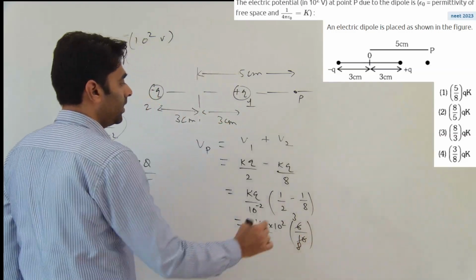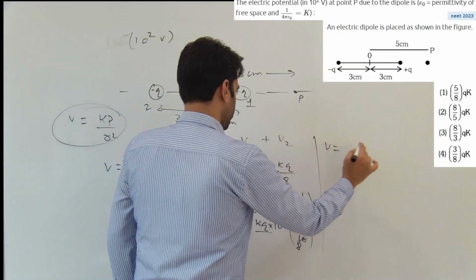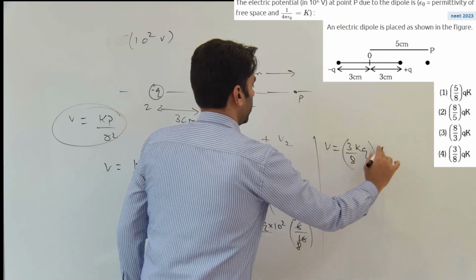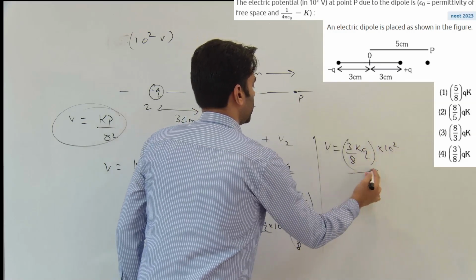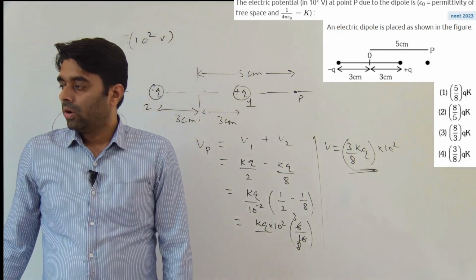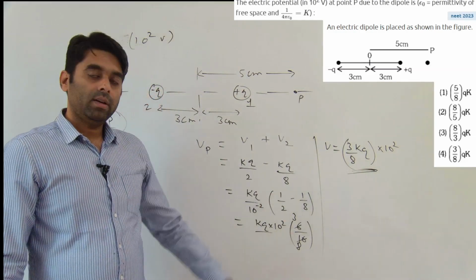So our final answer is V equals 3 by 8 kq into 10 power 2. They are asking us this value, so 3 by 8 kq. Option number 4 is our correct answer, right?